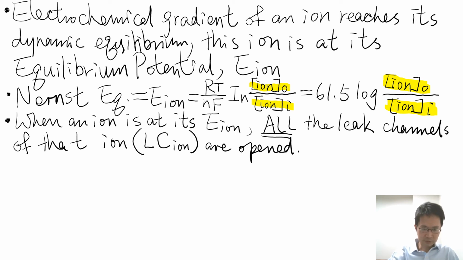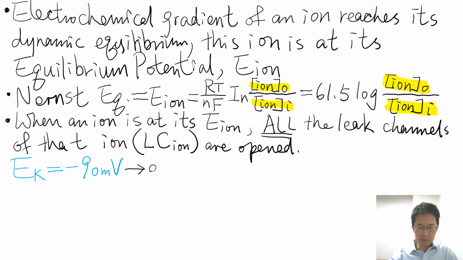Let's see if you still remember. Let's see if your short-term memory is good. What is EK? EK is minus 90 millivolt. What happened during resting membrane potential?